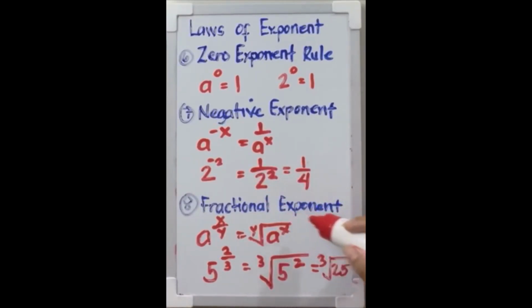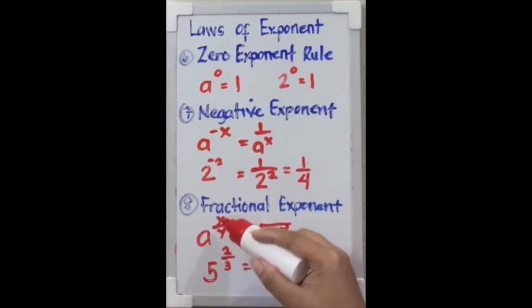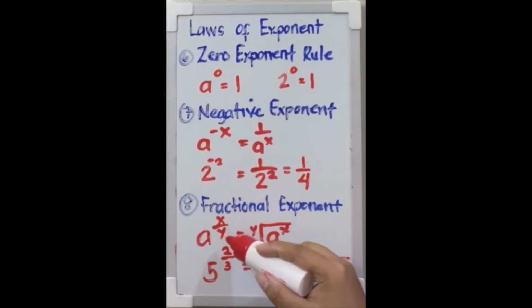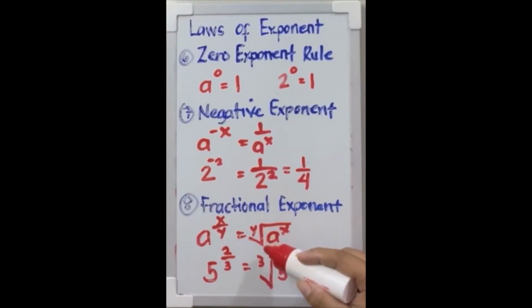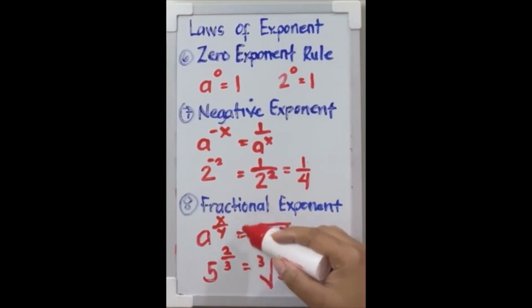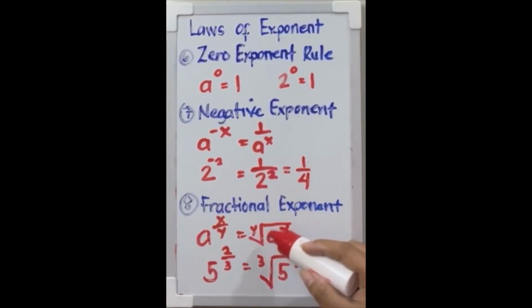Next is the fractional exponent. Now here we have a raised to the exponent x over y equals, we will be using the radical or root symbol. The radicand, or what's inside this symbol, is a raised to x, while y would be the index. It will be placed outside this symbol.